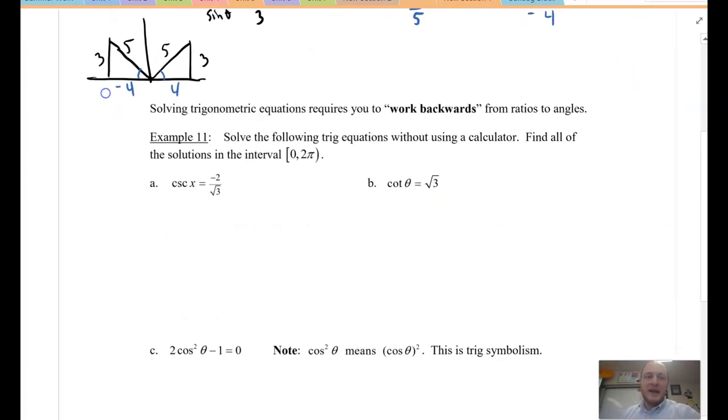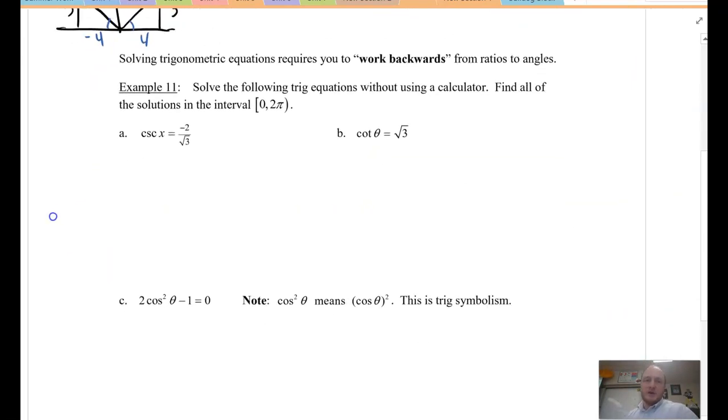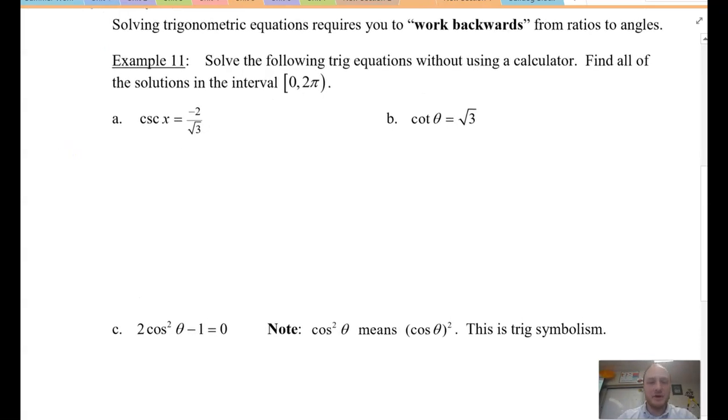All right. Next, we're going to solve trigonometric equations, working backwards from ratios to angles. Keeping those ideas in mind, we want to find all of the solutions in the interval such that cosecant of x is equal to -2 over root 3. With cosecant, cotangent, and also secant, sometimes it's best to use your reciprocal identities.